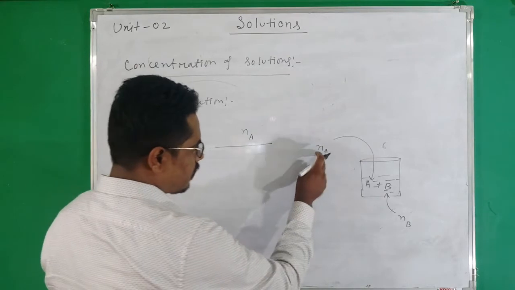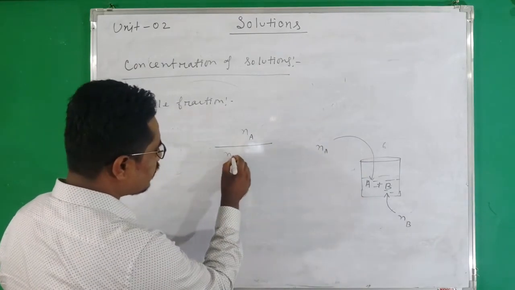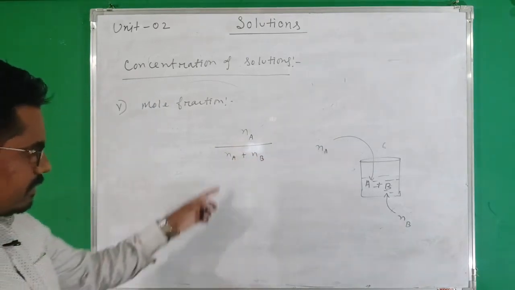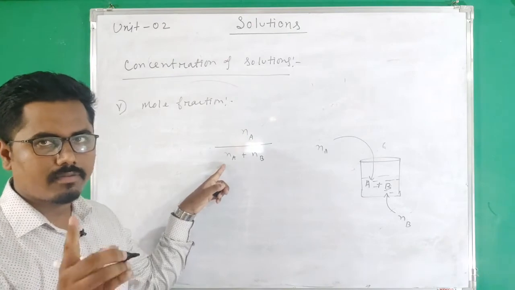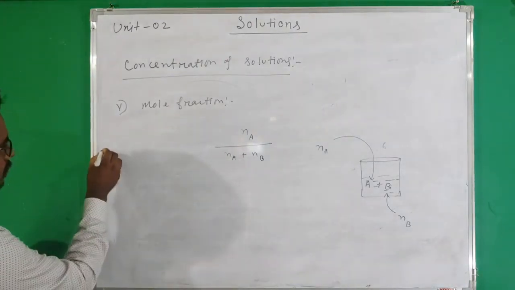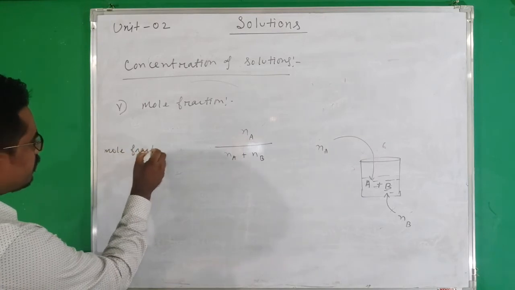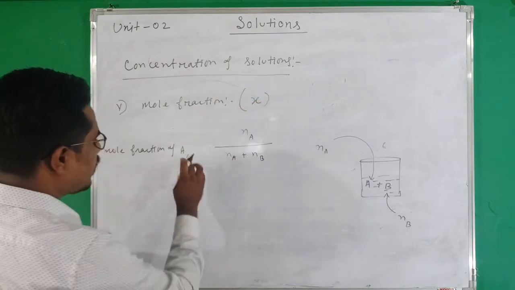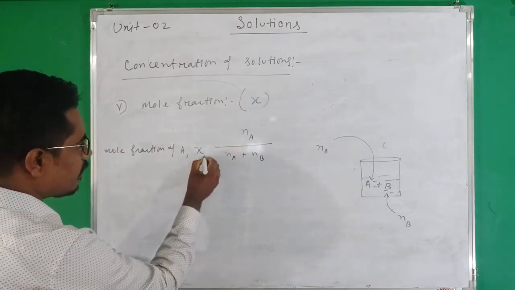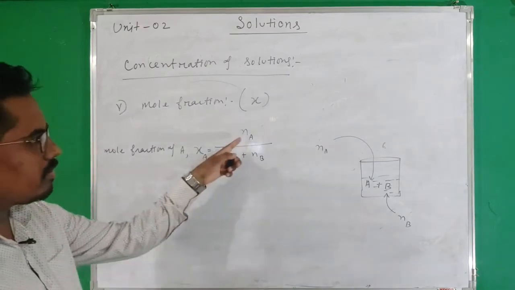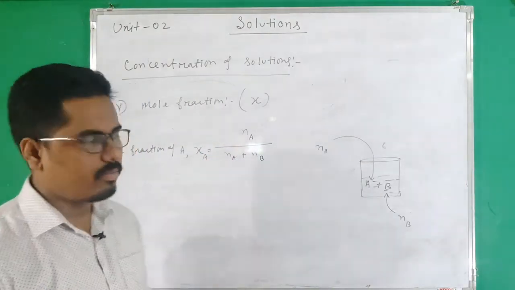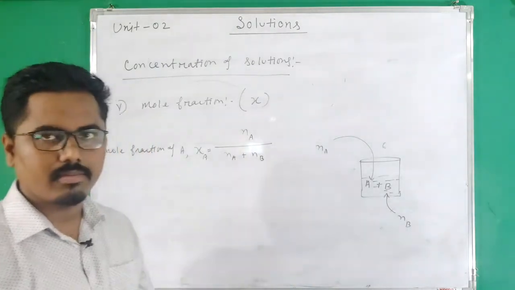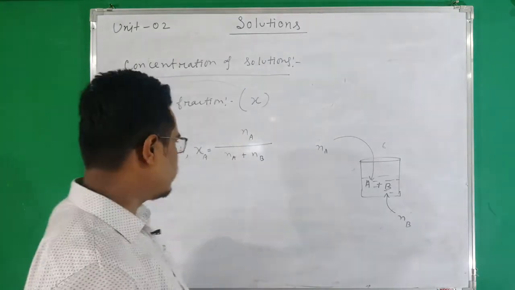We get the total when we add number of moles of A plus number of moles of B. Mole fraction is expressed by X, so XA equals number of moles of A divided by total number of moles of the solution.